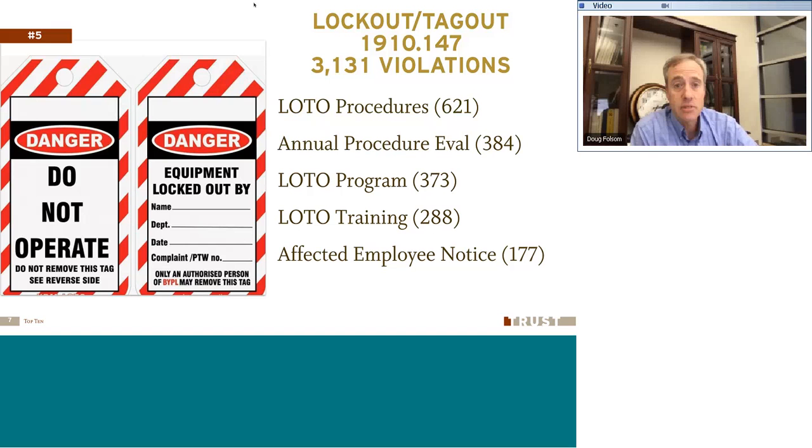Not doing your lockout tagout training, and not adequately giving notice to affected employees in the workplace who are maybe not directly involved in maintenance on the equipment, but are in the vicinity of the equipment, or who may reasonably be expected to use or try to use the equipment, making sure that those affected employees are notified as part of our lockout tagout program.